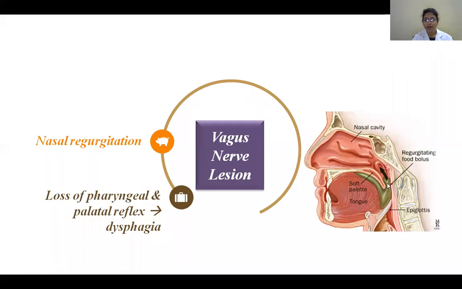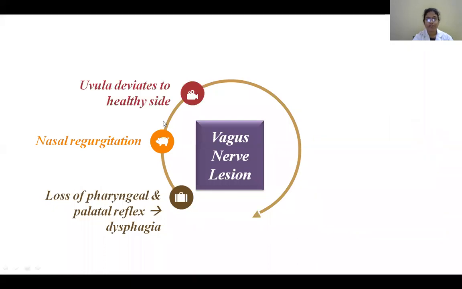Because for deglutition to occur properly, there should be proper approximation of the soft palate with the posterior pharyngeal wall, so that the bolus of the food is pushed towards the esophagus. If this approximation is not there, the food is going to enter into the nasal cavity, that is known as nasal regurgitation. The next important sign we see is uvula deviates to the healthy side.